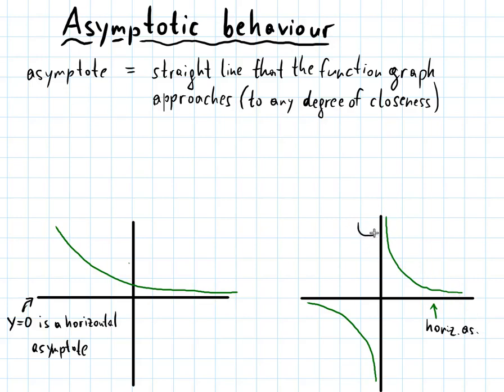And the y-axis would be a vertical asymptote. An equation for the y-axis, by the way, would be x equals 0, because you specify the y-axis by telling that there is no x coordinate.